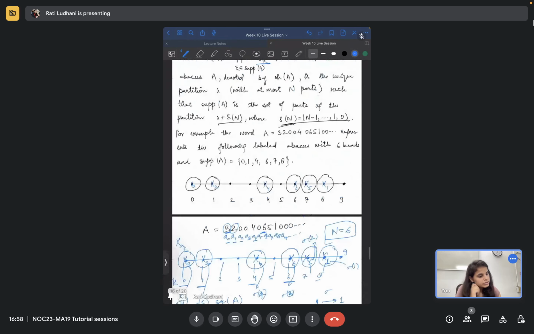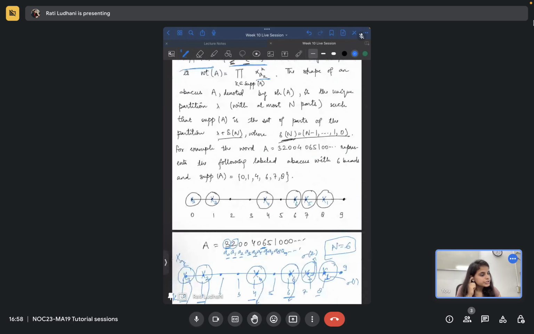And what is left? Shape of A. Shape of A is the unique partition lambda with at most n parts. So you need to find lambda such that the support of A is the set of parts of the partition lambda plus delta n, and delta n is n minus 1 down to 1.